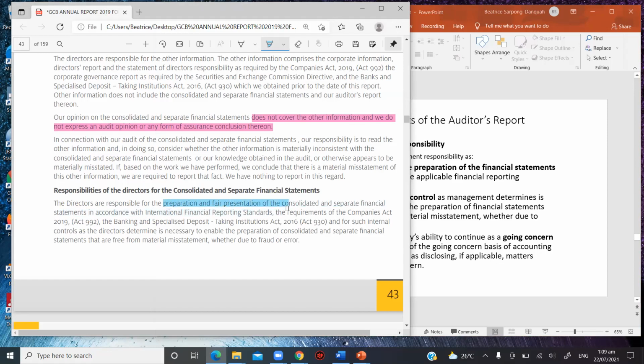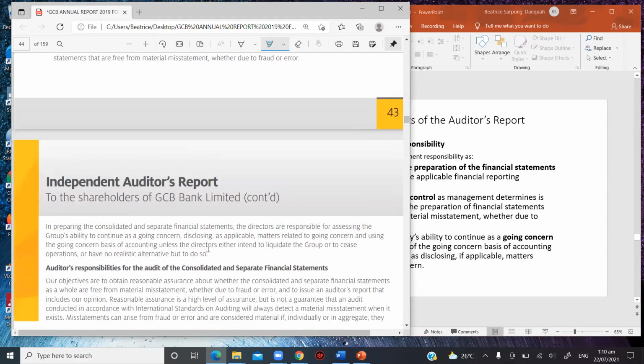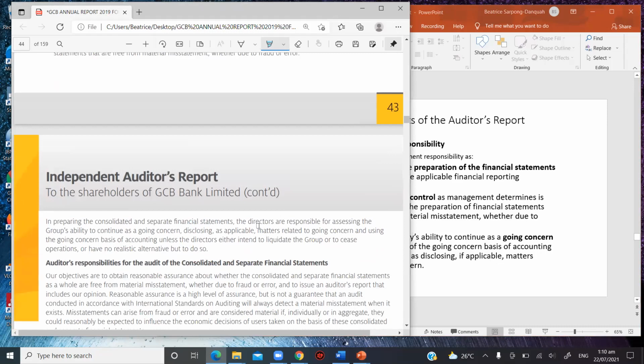So you see, they are responsible for the preparation. And then in preparing the consolidated financial statements, the directors are responsible for assessing the group's ability to continue as a going concern. You see, that one is also here.